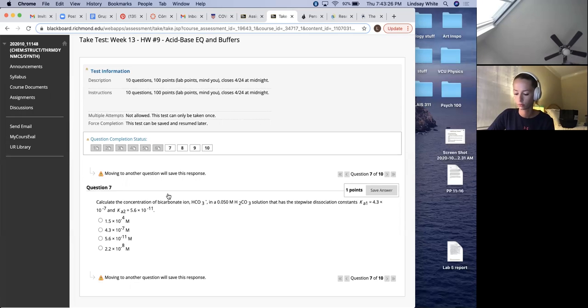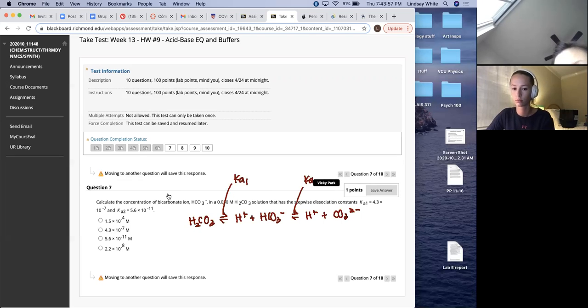So when you lose this one, it becomes H plus plus HCO3 minus. And if you lose another one, it becomes CO3 2 minus, right? This Ka is Ka of 1, and this is Ka of 2.